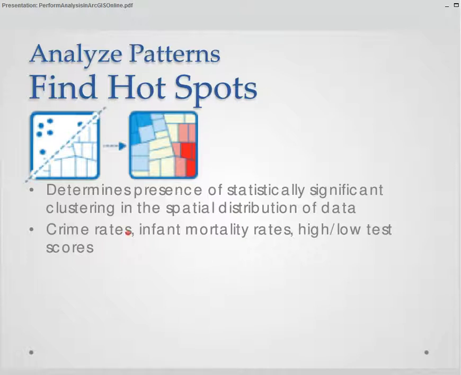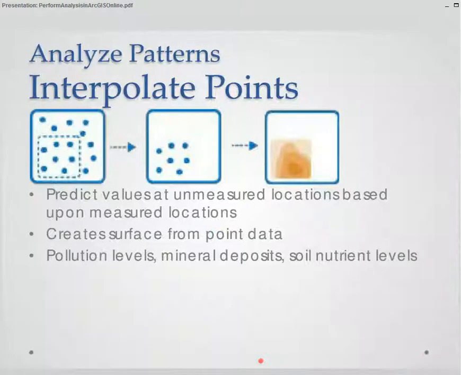Some examples: crime rates, infant mortality rates, high and low test scores. I do have some examples of these. And then interpolate points. This is truly where you're predicting values at unmeasured locations based upon measured locations. This works well with pollution levels, mineral deposits. You want to think in terms of a continuous surface: temperature, CO2 surface.